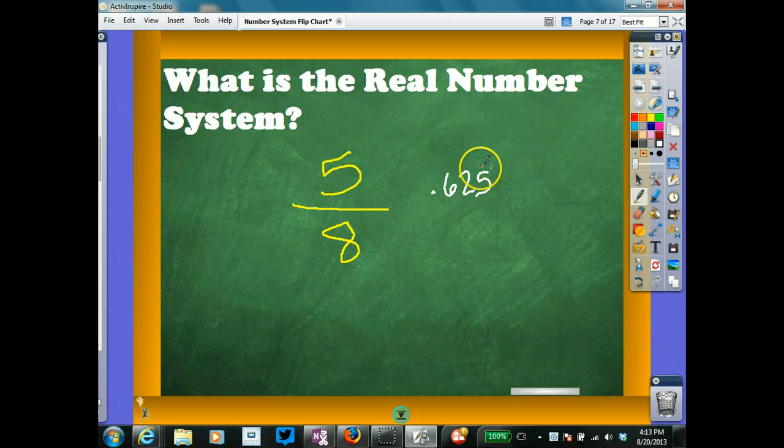No repeating pattern. Well, you notice there's no dot, dot, dot. It just stops. So if it stops here, that means it terminates. Well, the characteristics of a rational number is either a repeating pattern that goes on or it terminates. So 5/8, you're going to notice, is rational.